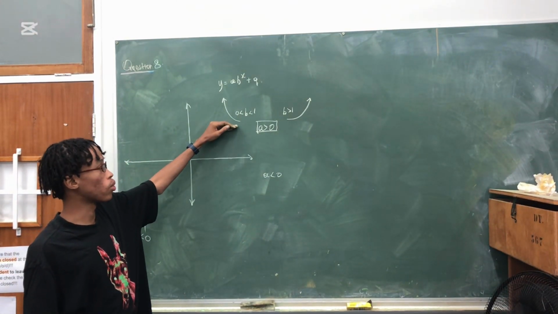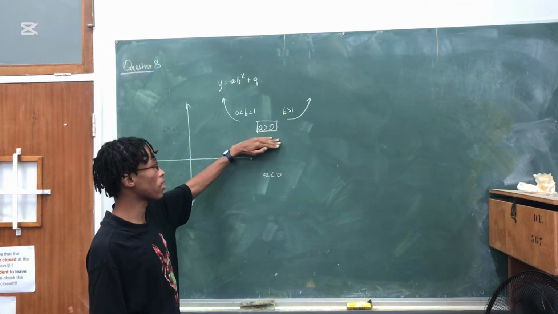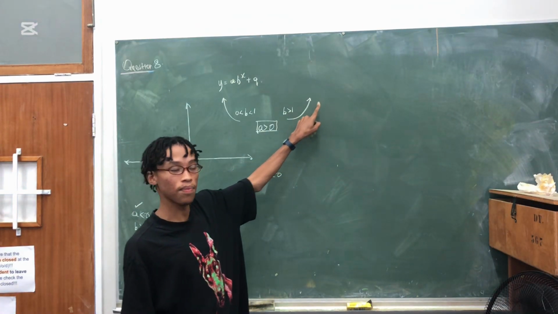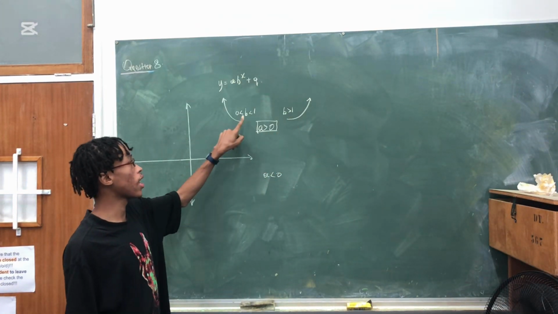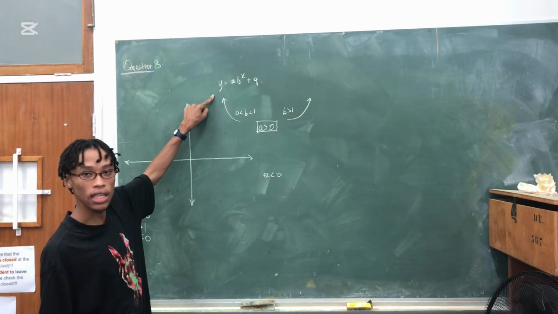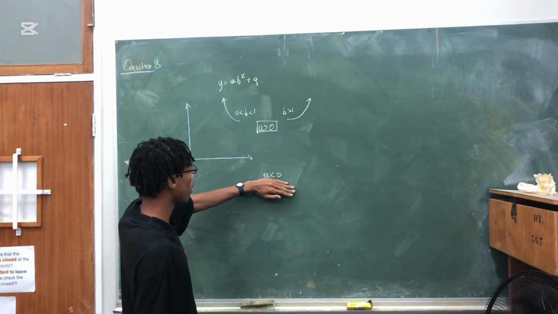This is how it would look if A is greater than 0. If A is positive and B is greater than 1, then our function would go like this. If A is greater than 0 and B is less than 1 but greater than 0, it would be moving in this direction.